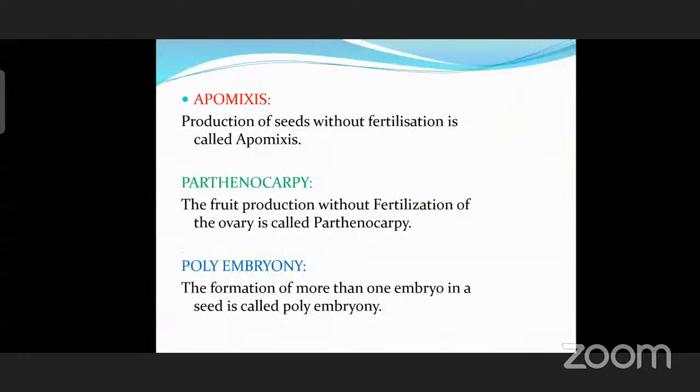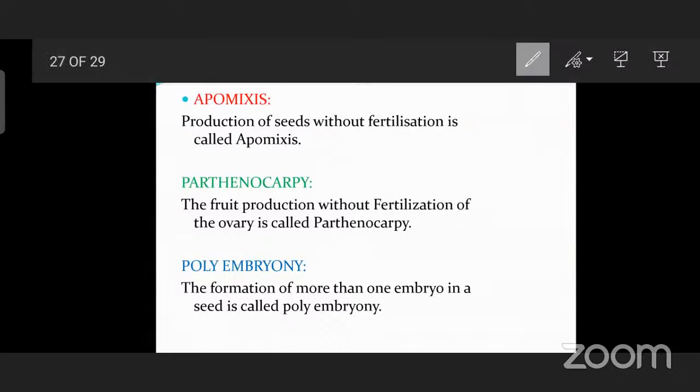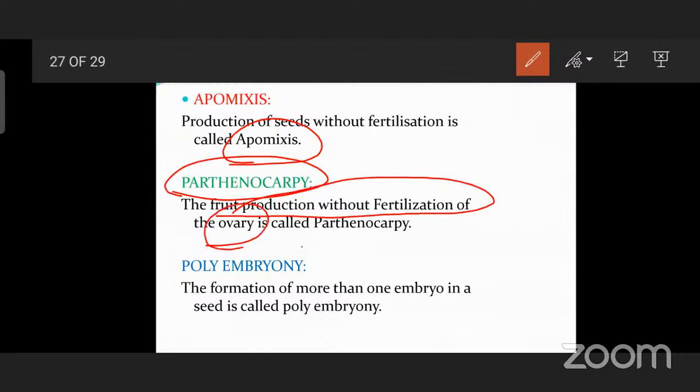And next, finally, apomixis. So what is apomixis? Production of seeds without fertilization is called apomixis. Example, in Asteraceae and grasses. And next one, parthenocarpy. Already we have learned parthenocarpy. The production of fruit without fertilization of the ovary is known as parthenocarpy.